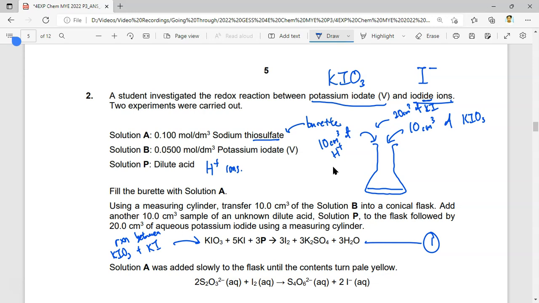Your acid actually just produces the H plus for the reaction to happen. So in actual fact, when the potassium iodate(V) reacts with the iodide ion, you got a few products. One is you get the iodine. This iodine, this is not iodide. Then you got potassium sulfate, which is a salt that's produced from the reaction, and you got water.